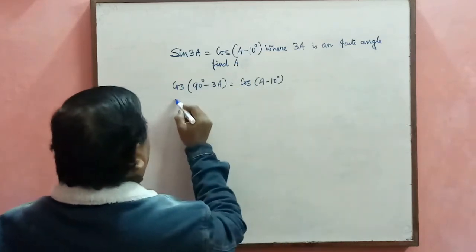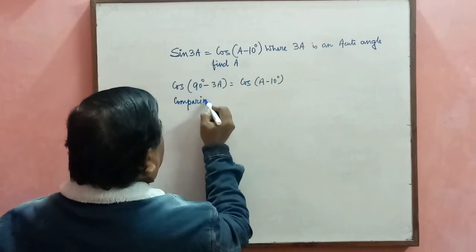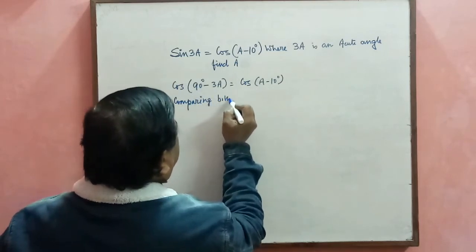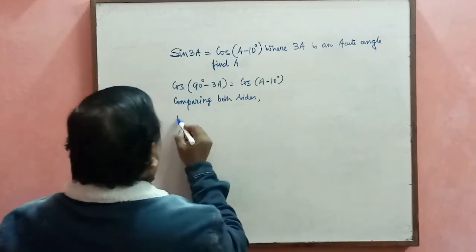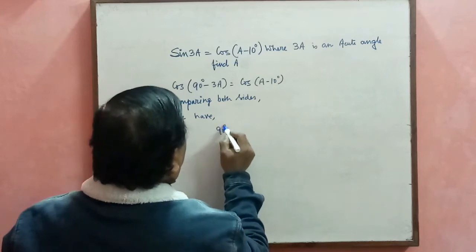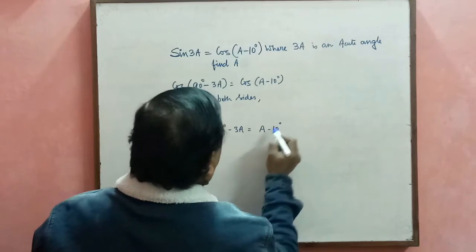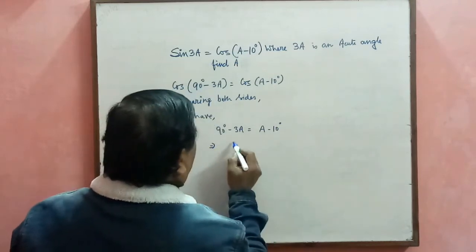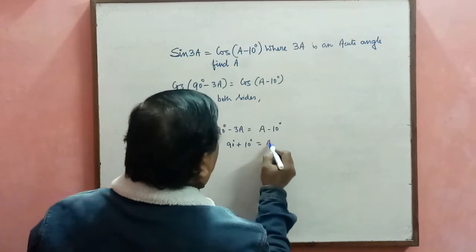Now comparing both sides, we have 90 degree minus 3a is equal to a minus 10 degree, or 90 degree plus 10 degree is equal to a plus 3a.